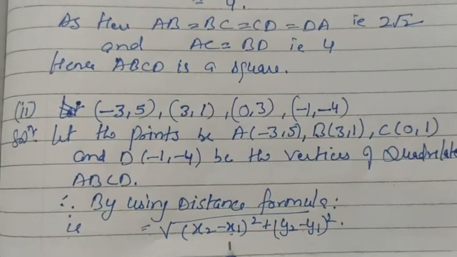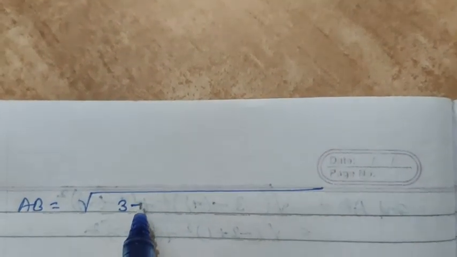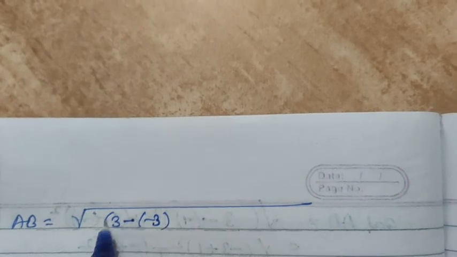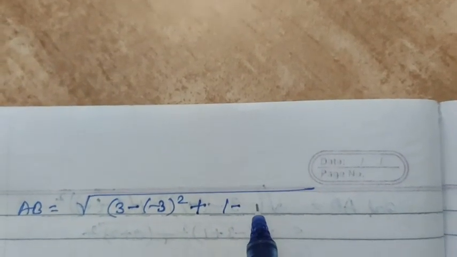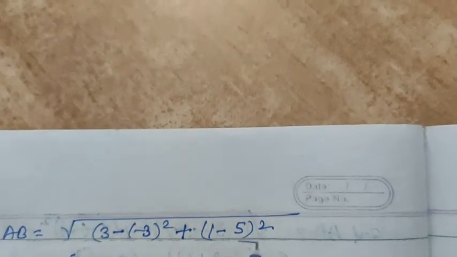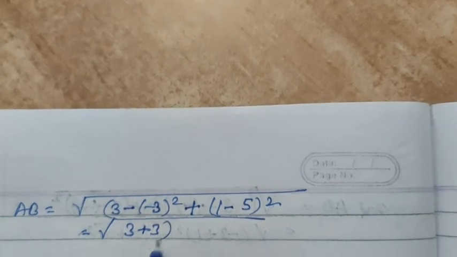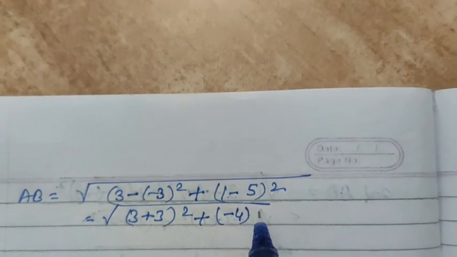So let's start. Side AB will be x2 minus x1 square, that is we have x2 as 3 minus x1, that is minus of 3 square, plus y2 that is 1 and minus y1 that is 5, so 1 minus 5 square. So this will be 3 plus 3 whole square plus 1 minus 5 becomes minus 4 square.